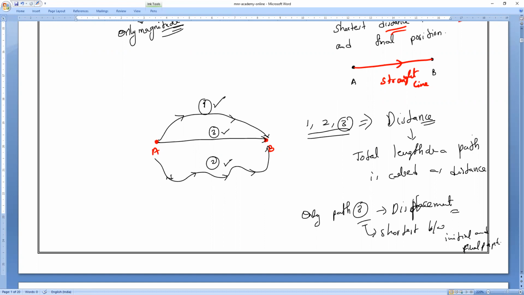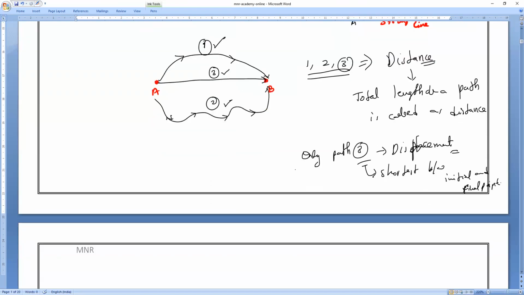Clear, everybody? Completed? Completed, sir. So every displacement is a distance, but every distance is not a displacement.